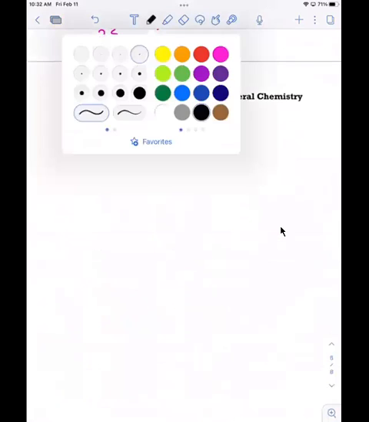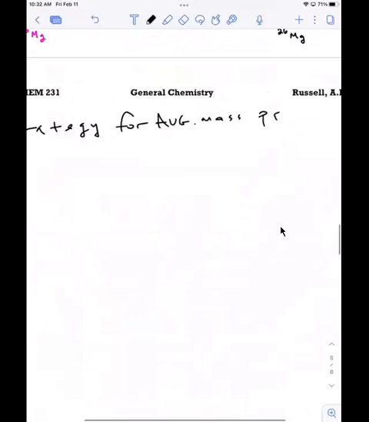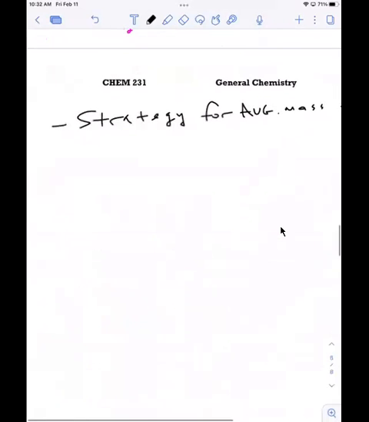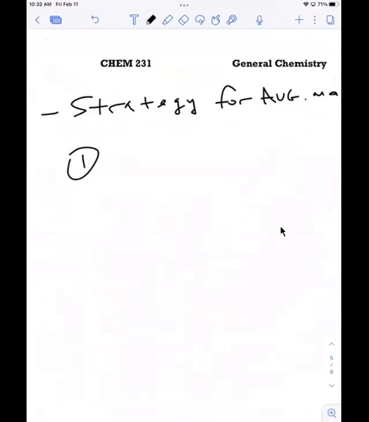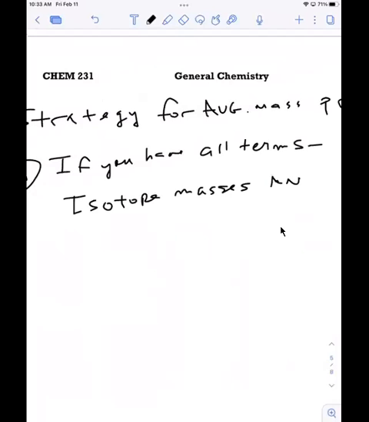So for average mass problems, if you have all the terms, meaning you have isotope masses and fractions, just apply the equation.